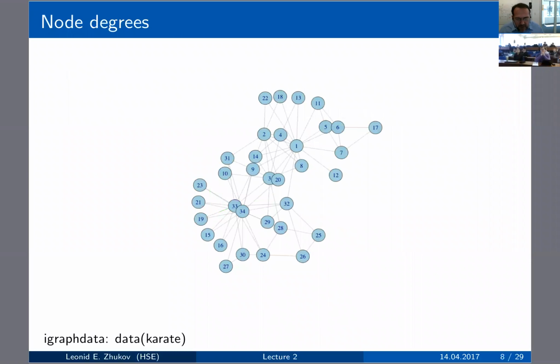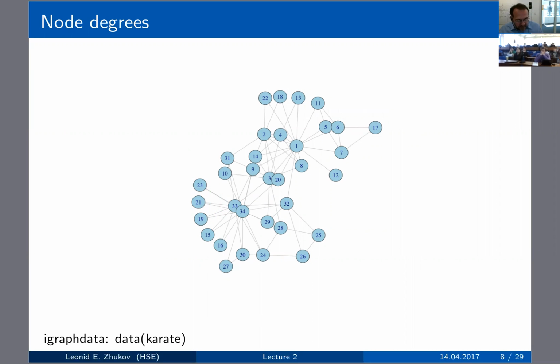Now I'm going to show a few examples using node degrees and degree distributions. What I wanted you to notice is, first of all, how visualizations are done, and second, how I sometimes use iGraph, because that's probably the most practical hint you're going to get from the lecture.